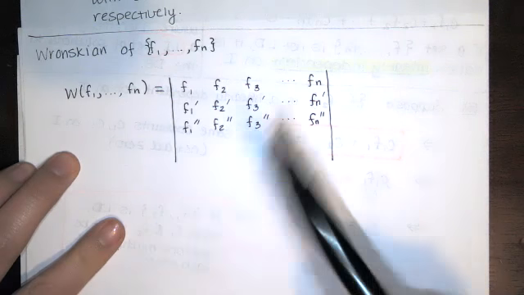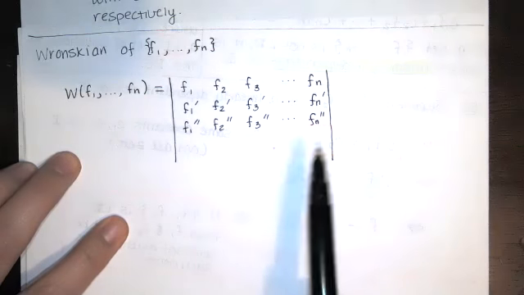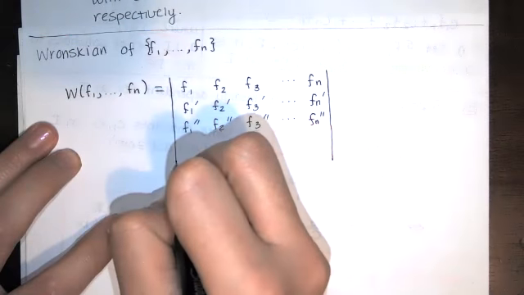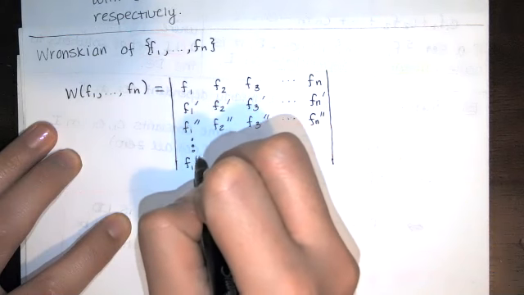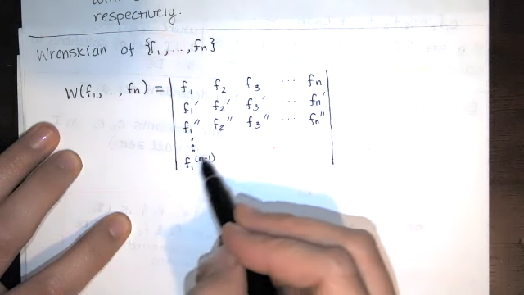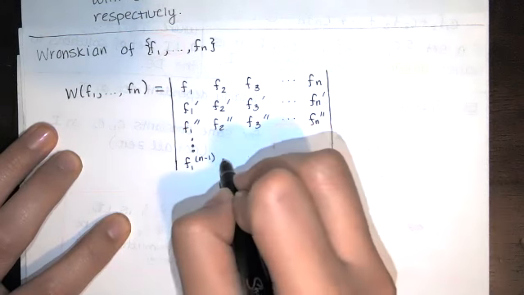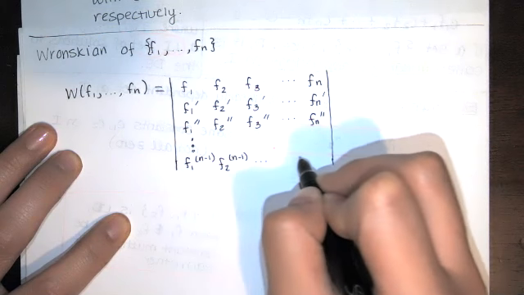So we've got n columns here, 1, 2, 3, all the way through n, and we want n rows. So that means we're going to go all the way down to the n minus 1th derivative. So if there are 5 functions here, we're going to take the 4th derivative. And that goes over here.